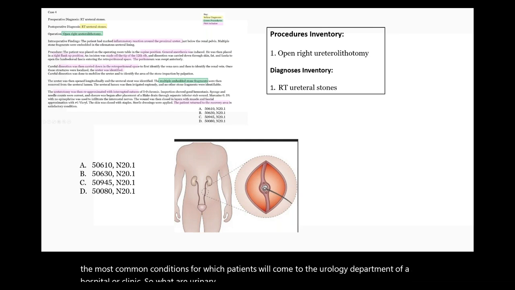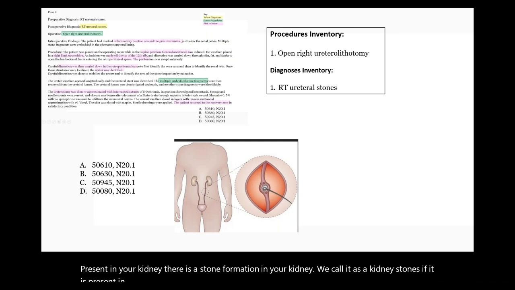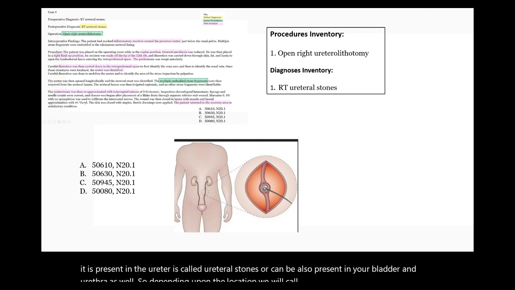These are the stones which will be formed in any part of your urinary system. If there is a stone formation in your kidney, we call it kidney stones. If it is present in the ureter, it's called ureteral stones, or can be also present in your bladder and urethra as well. So depending upon the location, we will give them different names.